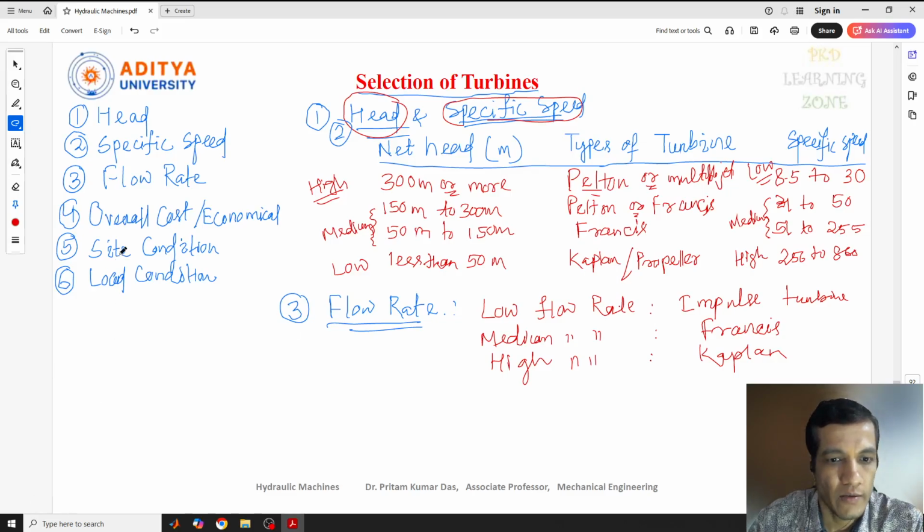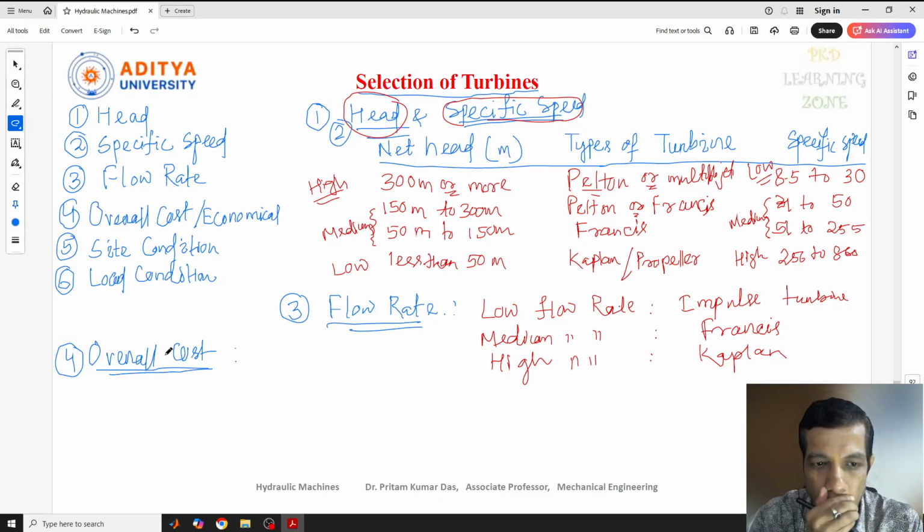Now the next one, the overall cost and the economical status. In the overall cost, we need to do the cost analysis also, so economically whether it is okay or not. For this, we need to check the initial cost of investment.